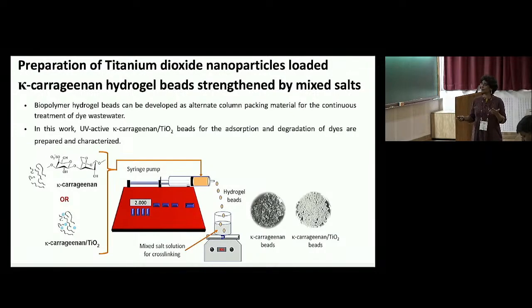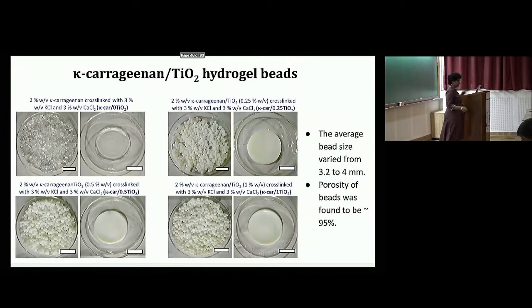We said we'll take a very dilute solution of carrageenan, drop it dropwise into an electrolyte bath, and make them solid or cross-linked, and we'll make them as beads. First we did simply carrageenan beads, which are these transparent ones, and then we encapsulated a particle in it, in our case commercially available titanium dioxide particles, and we could form beads and subsequent discs also to measure some rheological properties.